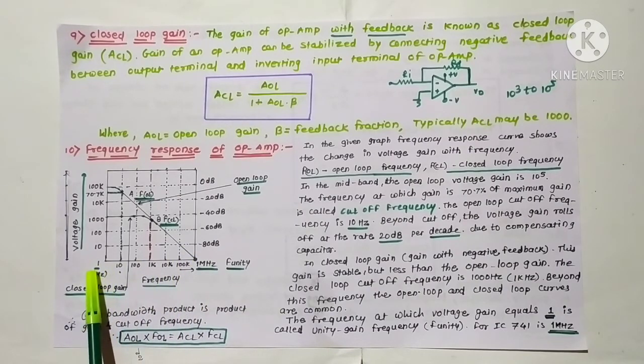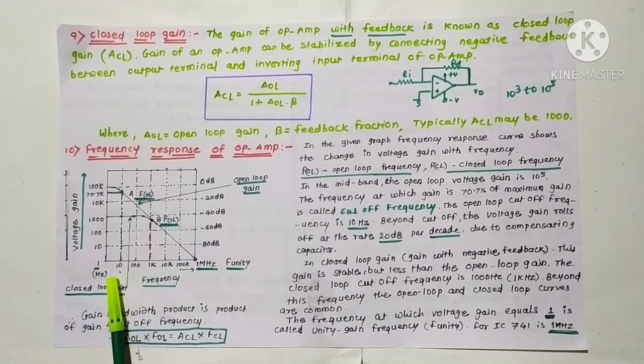Remember that, don't confuse. On the x-axis there is frequency, while on the y-axis there is voltage gain. This is the minimum scale of the voltage gain, 1, and this is the maximum frequency in the given range, that is 1 megahertz.